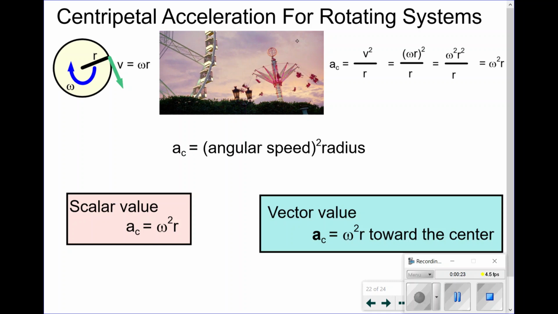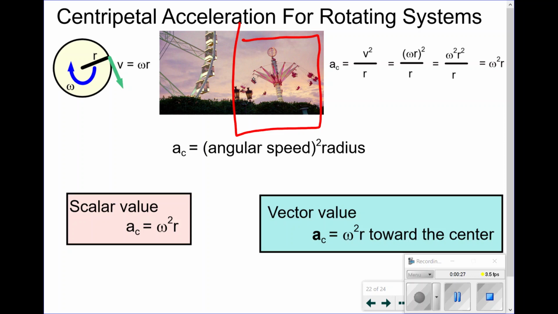For example, here we have an amusement park ride where people are moving in a circle around a center rod by way of a chain that's attached to a rotating arm. Now I can describe these people's motion as a tangential velocity of meters per second going around the circle. So I can very easily find their centripetal acceleration by going tangential speed squared over the radius.